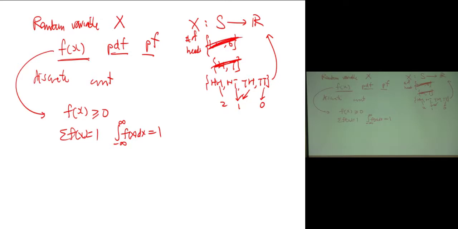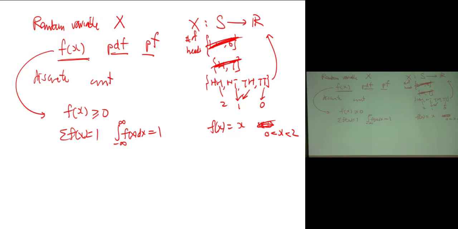Now here I have to warn you, when you do the integration, you have to be careful about f of x if you have different forms of it. For example, say f of x equals c times x, where x is between 0 and 2.